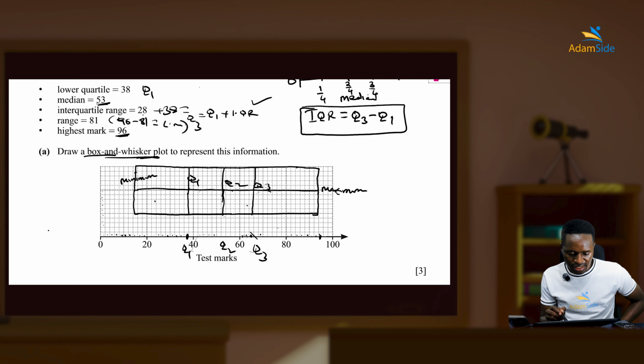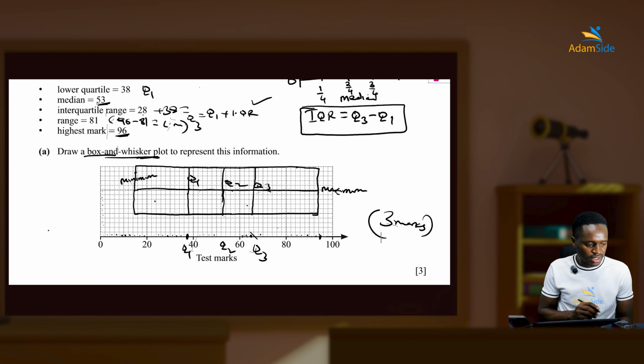So if we take 66, 66 minus the lower quartile, which is Q1, 38, you get your interquartile range as 28. So that's it, and you get your 3 marks by sketching. Yeah, correct. Let's go to the next question.